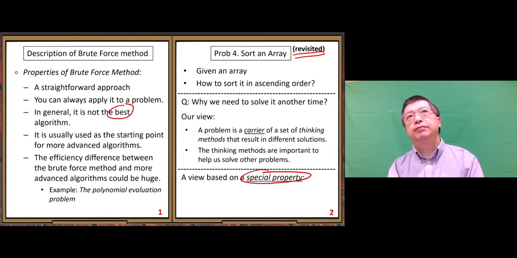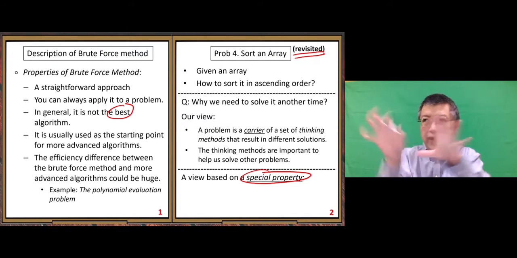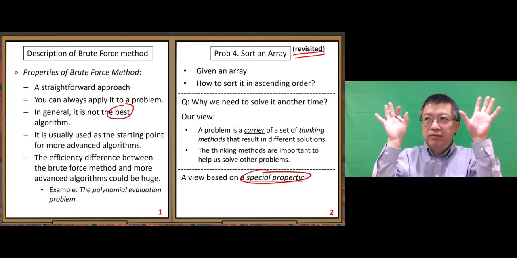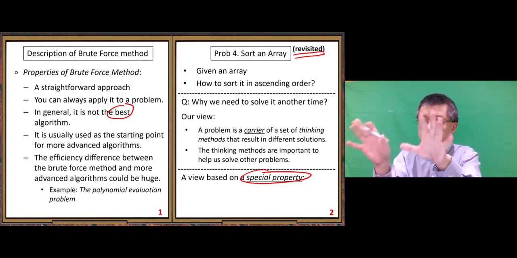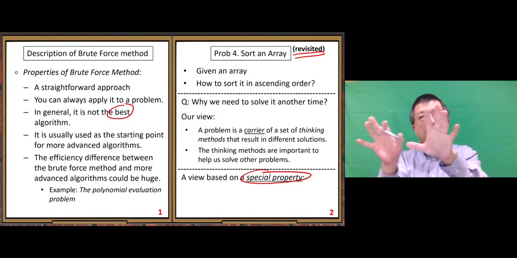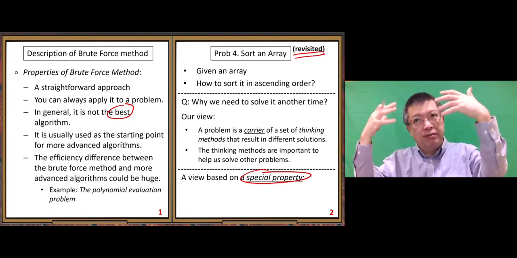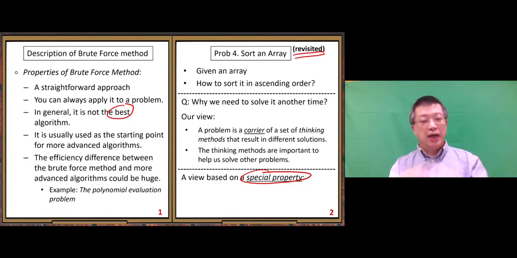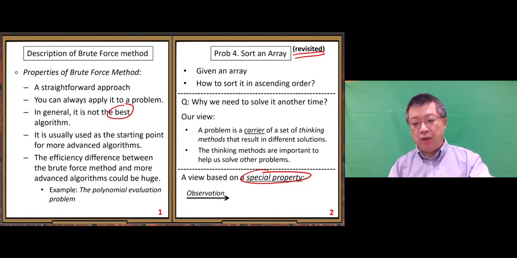If you can find a special property, then you can try to take advantage of this nice property, and you may come up with some nice solution. Here, let's try to find a special property from our problem.